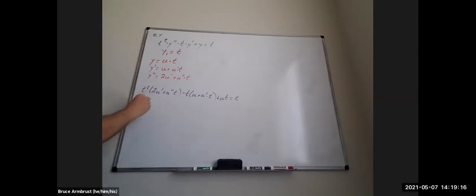So u double prime, there's only this piece, so we get t cubed u double prime. The u primes, I've got 2t squared minus t squared, which I believe leaves me just a t squared u prime. And then if we look at the u's, I have minus tu plus tu. That goes away.